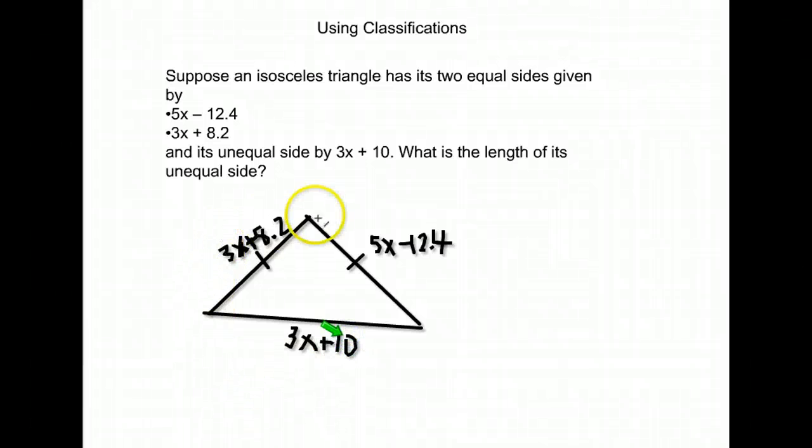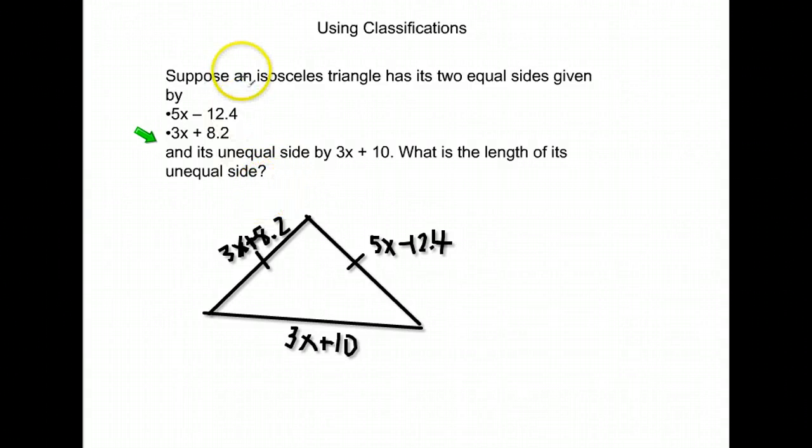What is the length of the unequal side? Well, some people would write down 3x plus 10, but you can't do that. You have to find the actual number length. So again, in geometry class, when they give us numbers with x's in them, it means we're going to have to use a property to set up an equation.